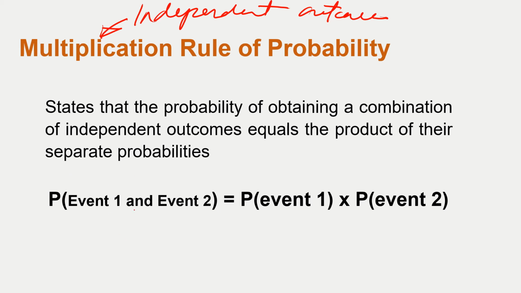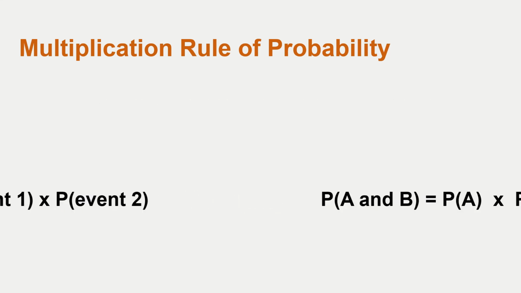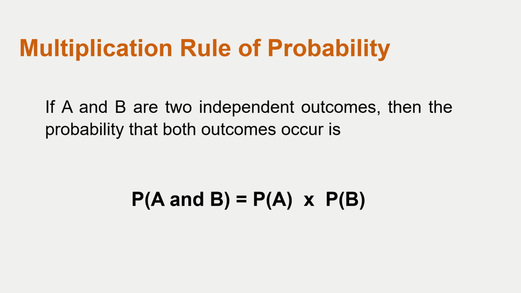In symbols, the probability of event 1 and event 2 is equal to the probability of event 1 times the probability of event 2. Suppose we have outcome A and outcome B. If A and B are two independent outcomes, then the probability that both outcomes occur is given by P(A and B) is equal to the probability of A times the probability of B.